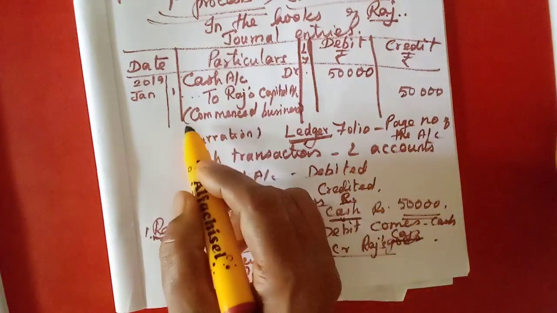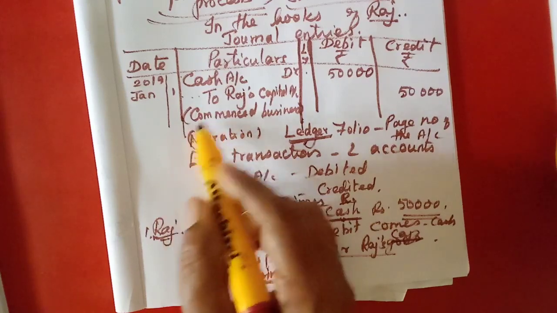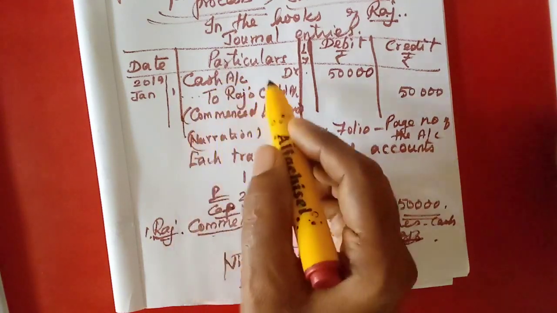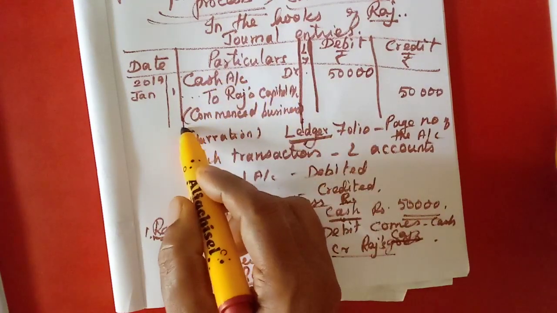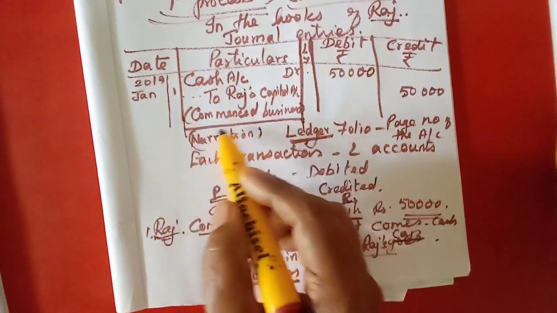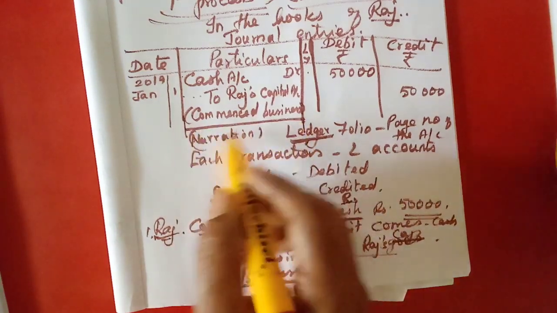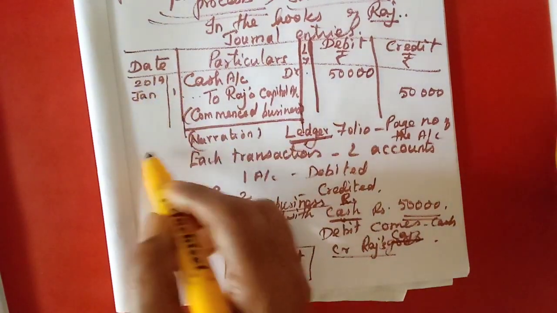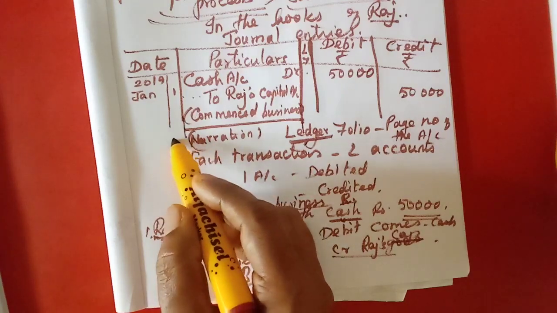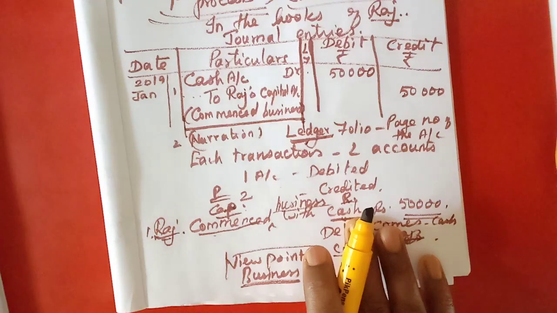After completing one journal entry for that transaction, we should draw one line in the particulars column, or you can leave one line. Then we start the next entry with the second date. Have you understood now?